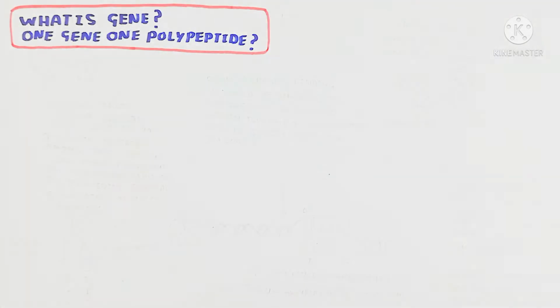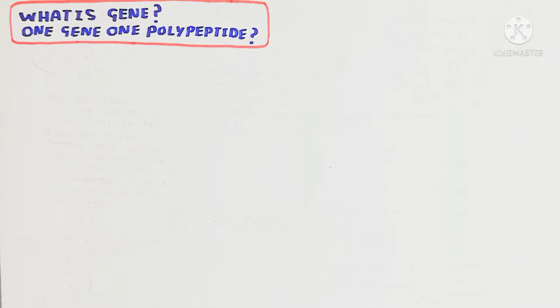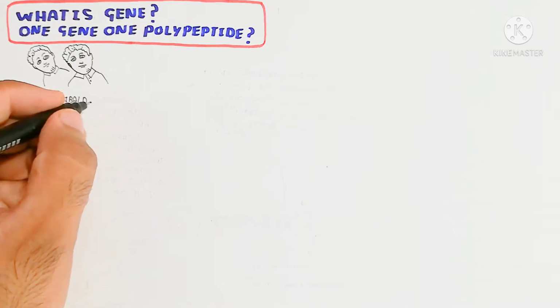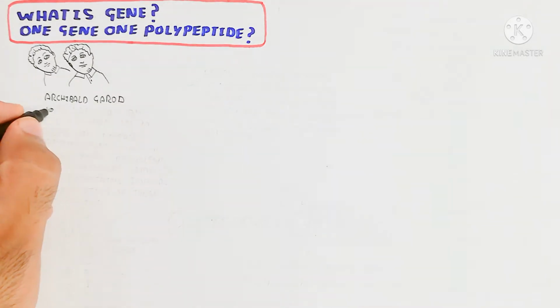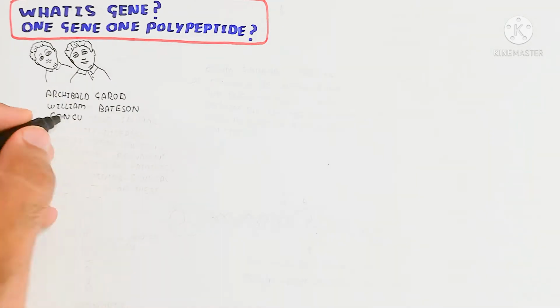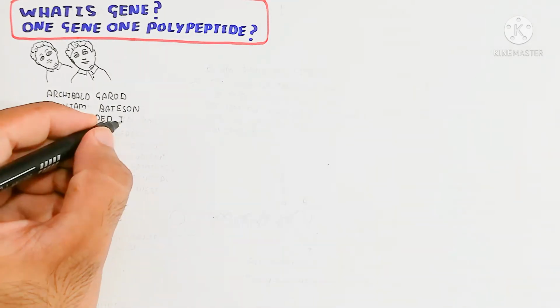Archibald Garrod and William Bateson were the two scientists who concluded in 1902, by examining several generations of families, that certain diseases among their patients were more prevalent in particular families.